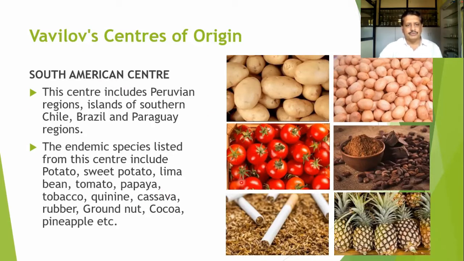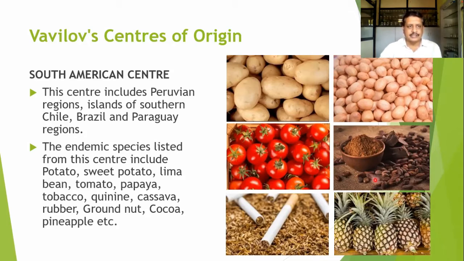Then we find the tomatoes, sweet potatoes, then lima beans, particularly the Nicotiana, ज्याला आपण तंबाखू म्हणतो, Nicotiana tabacum, is also originated from the Southern American center. Then quinine, cassava, rubber plants, particularly groundnuts, and some of the cocoa plants. So this cocoa powder is shown here and cocoa seeds are there.